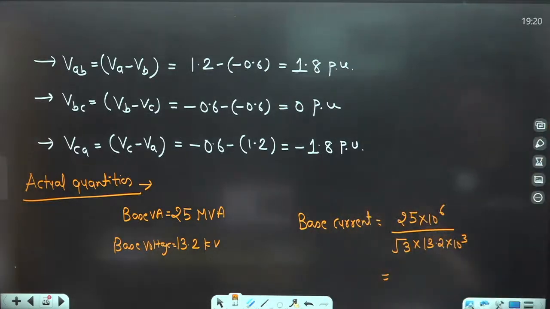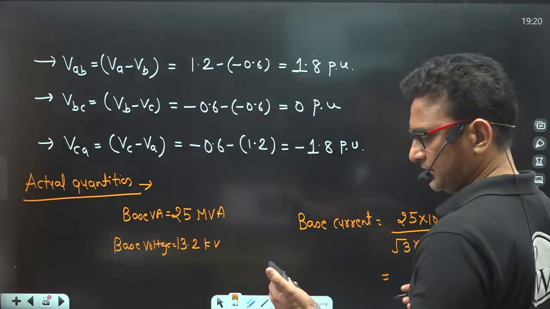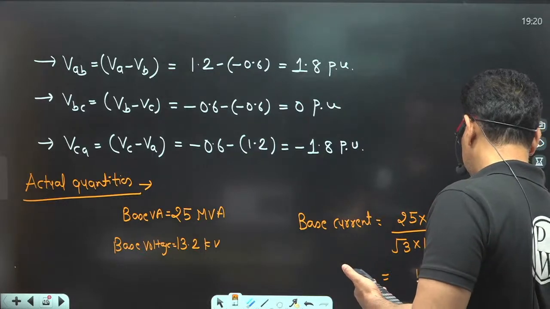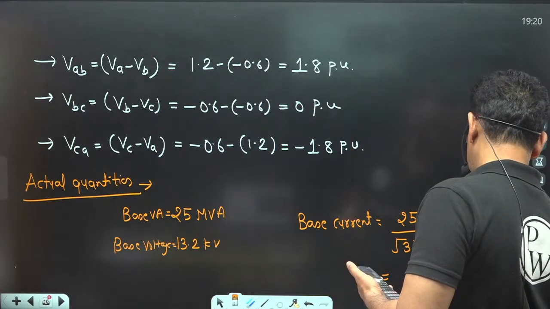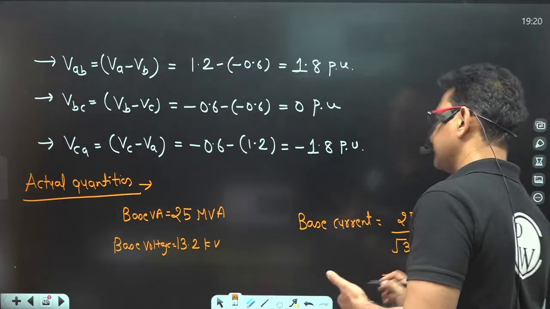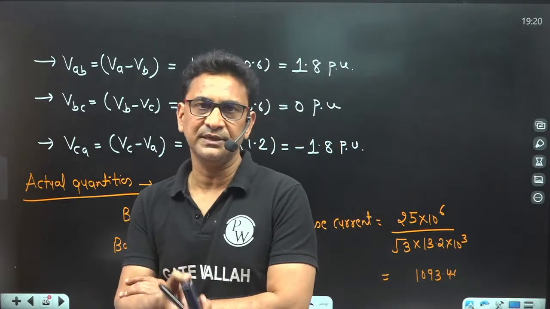The rated current is the base current. So 25,000 divided by 13.2 into root 3 is 1093.46. So in this way you can find out the value of base current.